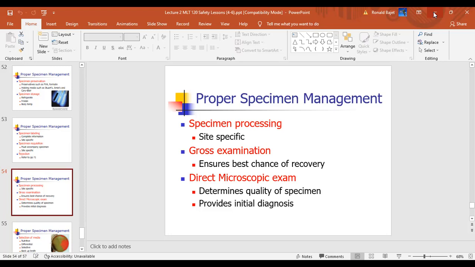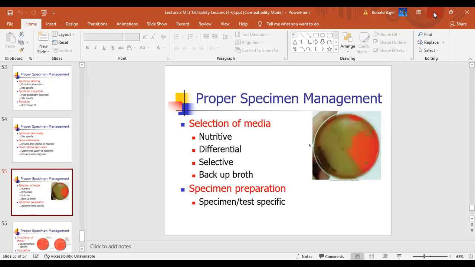If you see more than 25 epithelial cells microscopically, then you don't have sputum, what you have is saliva. Okay, so that's a rejection criteria. So you screen for sputums. If there are too many epithelial cells, it's saliva, you have to reject it and request a new specimen. Otherwise, you're wasting your media and the time it takes to do the culture.